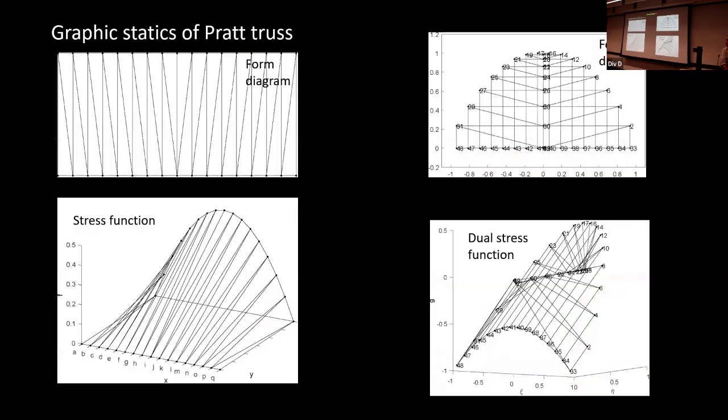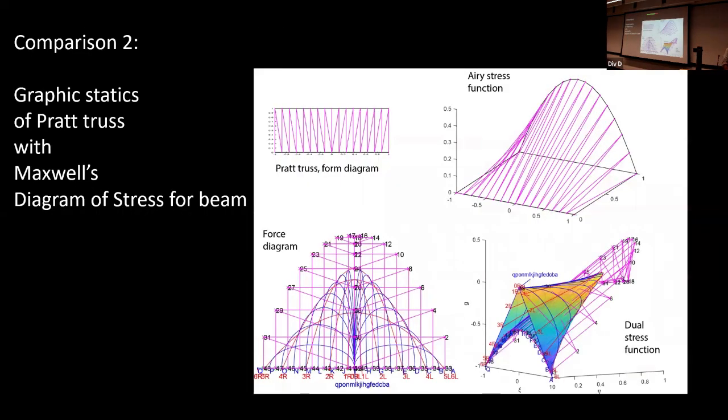Pick another truss, like a Pratt truss, do it again, draw a stress function, a polyhedral area stress function, and there's the force diagram. This is what it looks like if you add this third direction of the dual stress function, and that's it superimposed. And again, not very far away from Maxwell's one as a beam for the stresses within the beam, for the truss that's carrying it.